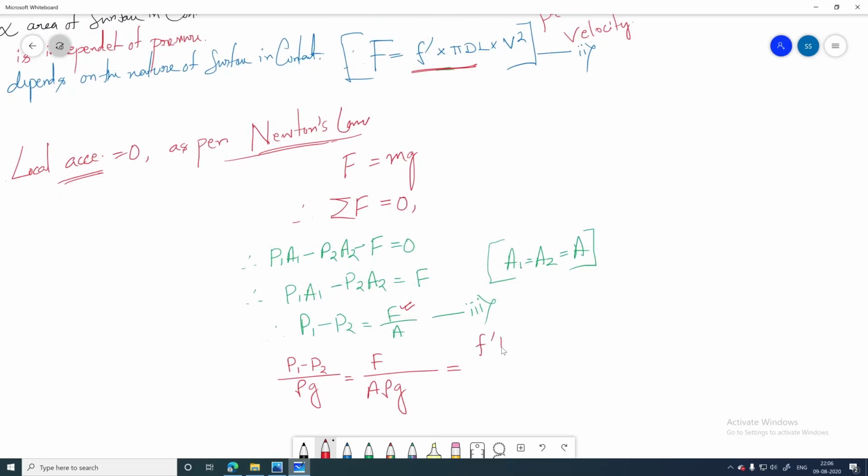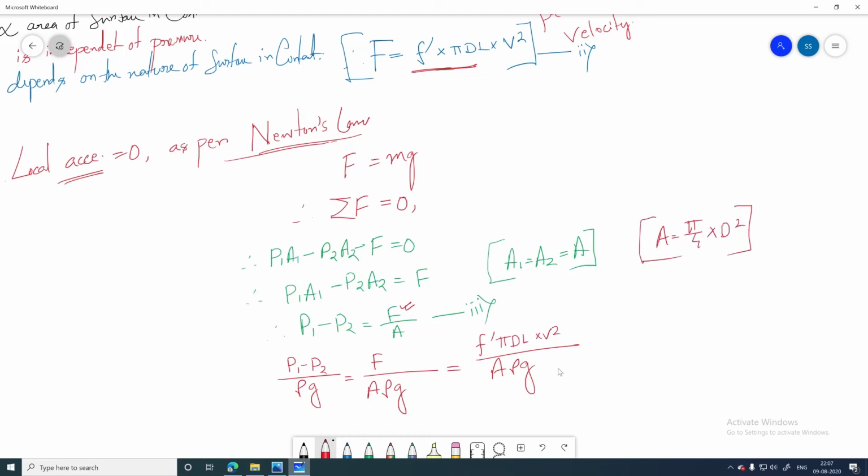So that will be F dash pi dl into V square by A rho g, right? And you know that A is nothing but pi by 4 into d square, right?